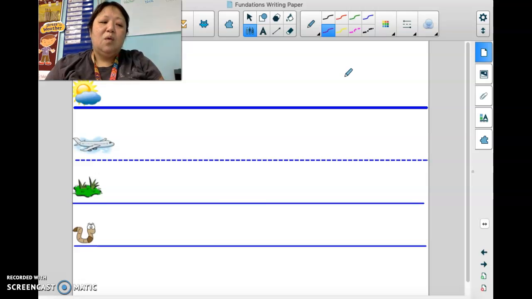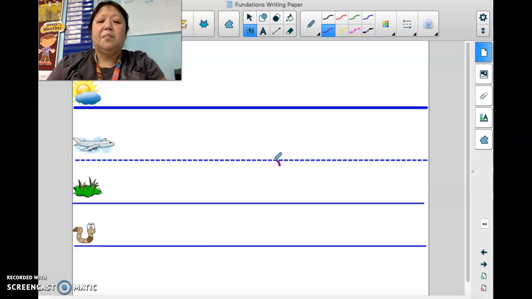Bus. What sound do you hear at the end of bus? Think about what letter goes with that sound and write it on your whiteboard. Bus ends with an s sound, and the s sound goes with the s snakes. So I would write a letter S on my board. That's going to start just below the plane line.